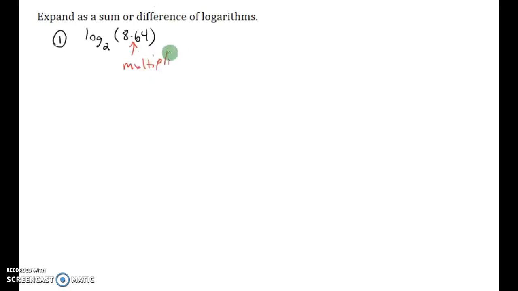When you expand, you're taking something that's inside the logarithm and going to something outside of the logarithm. So I locate multiplication on my order of operations ladder, and then I ask, do I move up the ladder or down the ladder? Since I'm expanding, it's down the ladder. So multiplication is going to become addition, and the log splits.